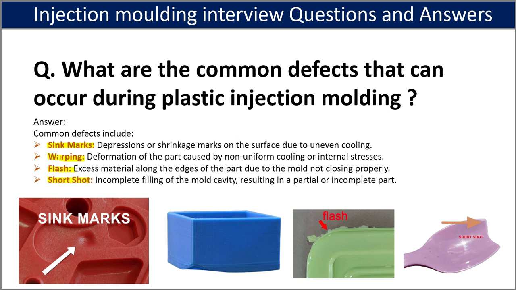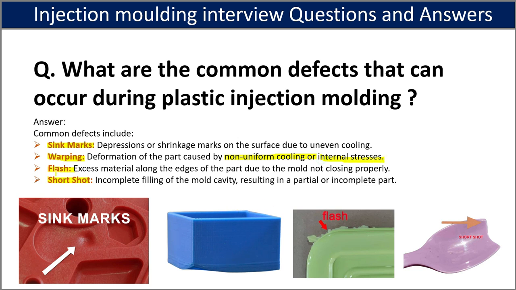Another is warping. Warping is the defect where the shape of the part changes, as you can see here. It is nothing but deformation of the part. It is generally caused by non-uniform cooling or internal stresses in the part.